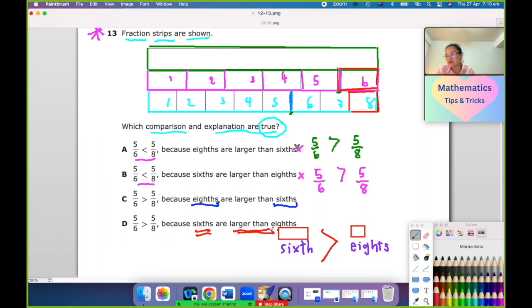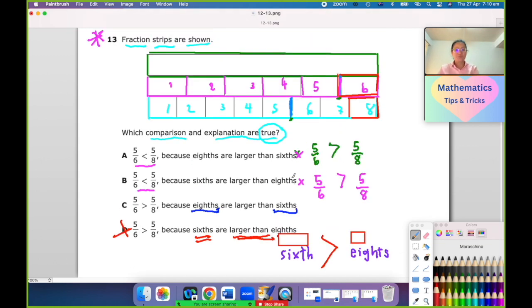What is your answer? C or D? D. Again, when we divide it into 6, the piece is greater than when we divide it into 8. It's similar with pizza as well. Okay, any question?